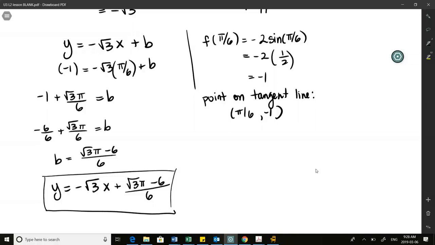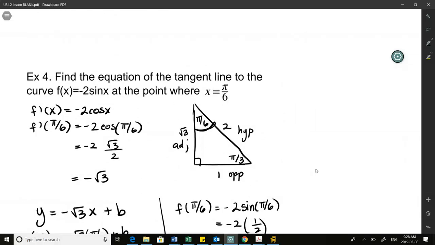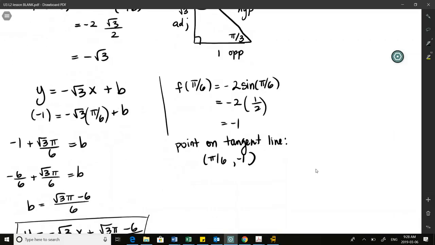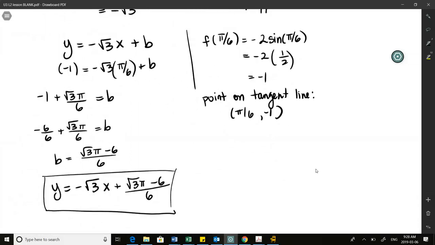So I only know for sure that the point where we're trying to find the slope of the tangent, this x value, that's the only point I know for sure is on my tangent line. We don't know any other point for sure on the tangent line. So I need to find the y-coordinate for that point using the original function, and then we plug into our slope y-intercept equation to solve for b.